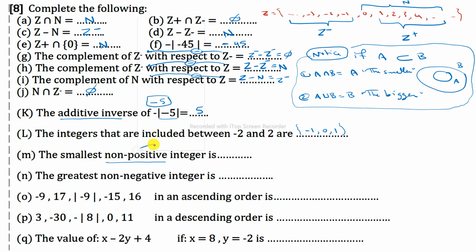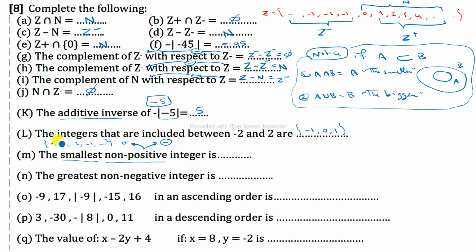Non-positive means the negative numbers and what else? With them, zero. So non-positive means the negatives and with them zero. That means 0, negative 1, negative 2, negative 3 and so on is called the set of non-positive integers. We want the smallest.